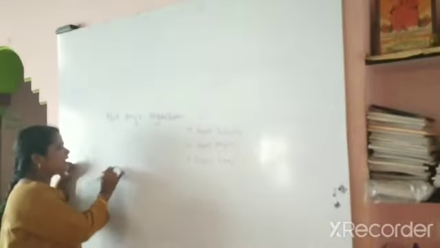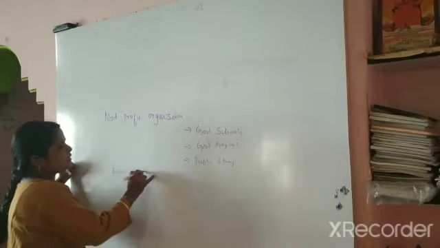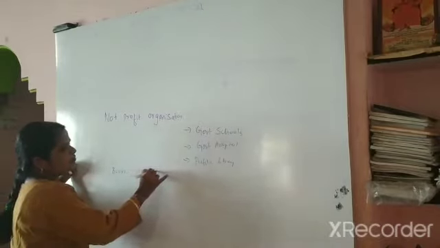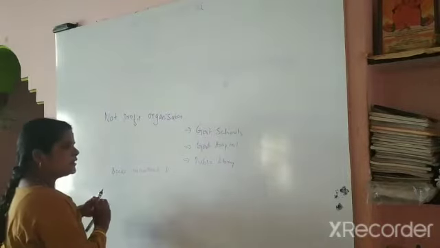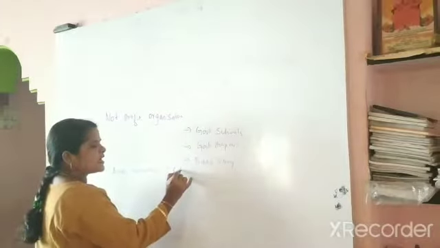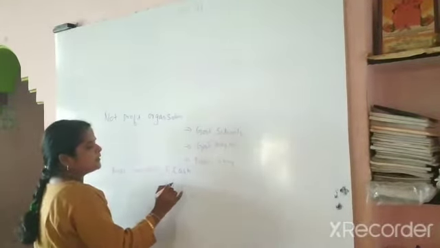The books maintained by non-profit organizations are, first, the cash book, where we come to know all the details about cash receipts and cash payments. Then the ledger.